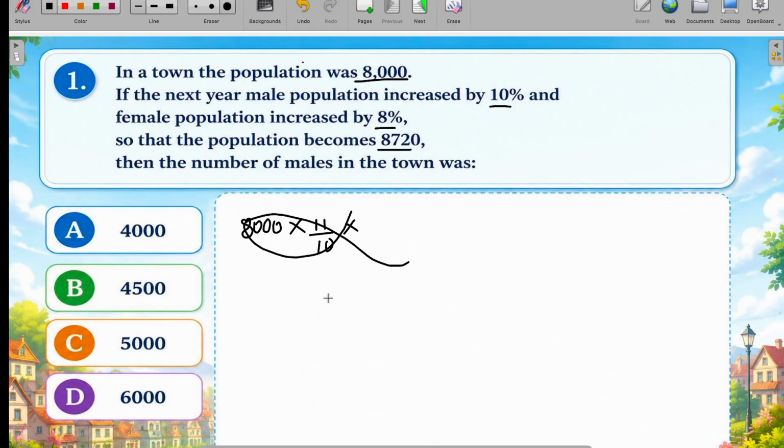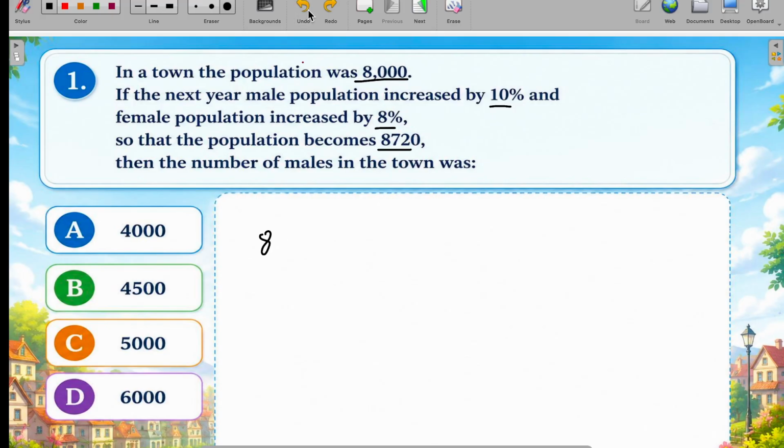Why is it wrong? Here they clearly mention the population as a whole is not increased by a single rate. In a similar question, if the population is initially 8,000, the first year increased by 10 percent, you write 11 by 10, then the second year increased by 8 percent, 108 percent or 27 by 25, that is right.